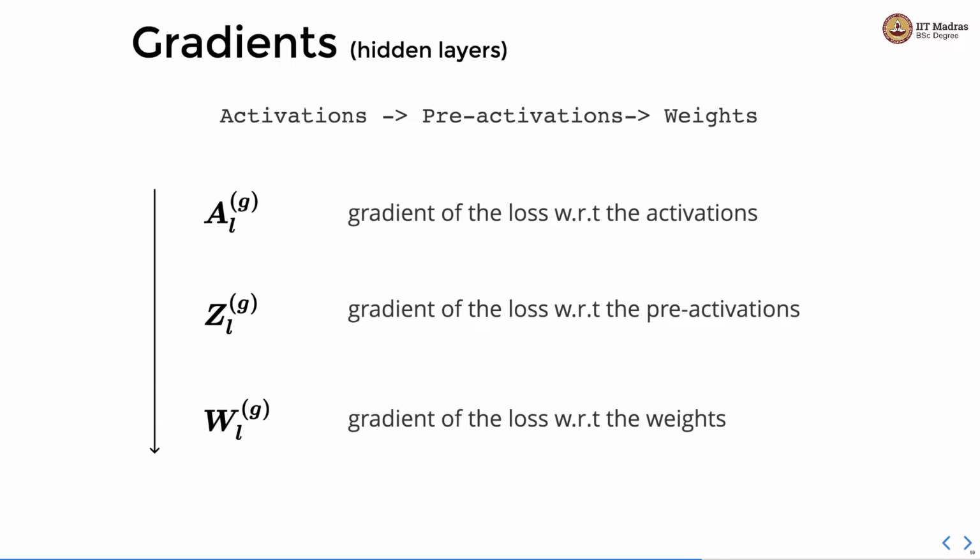So we know that we have activations that pass through pre-activations, and in pre-activations we use weights to calculate the linear combination. So let's say AL_G is the gradient of loss with respect to activation, ZL_G is the gradient of loss with respect to pre-activation, and WL_G is the gradient of loss with respect to weight.